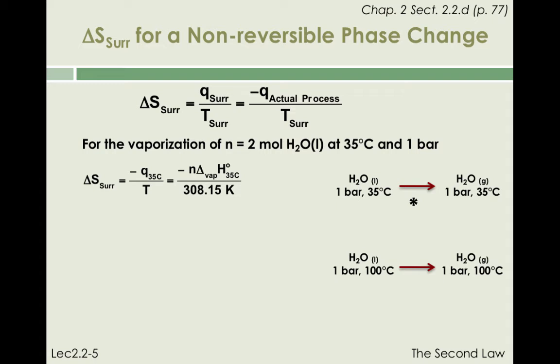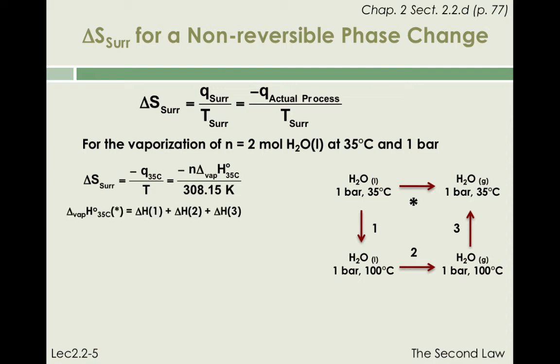Then we complete the cycle by drawing the arrows for step 1, corresponding to the isobaric heating from 35 degrees Celsius to 100 degrees Celsius of water liquid, and step 3, corresponding to the isobaric cooling from 100 degrees Celsius to 35 degrees Celsius of water vapor. Step 2 corresponds to the phase change at 100 degrees Celsius.